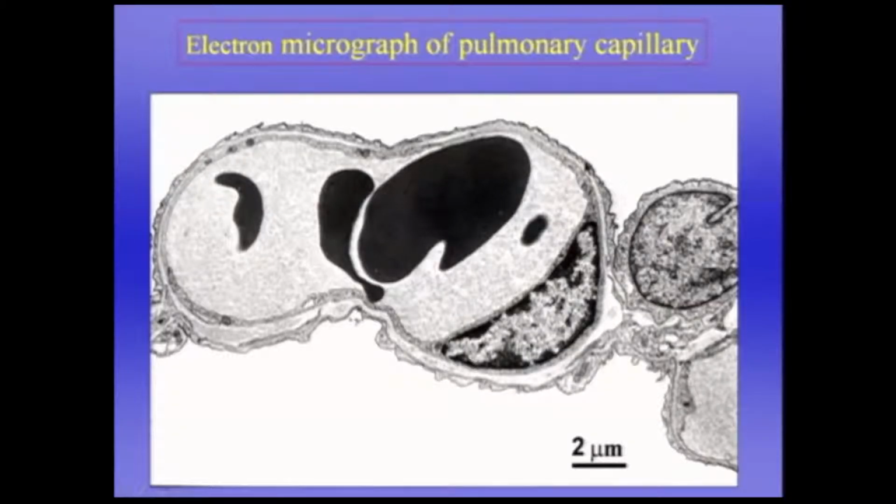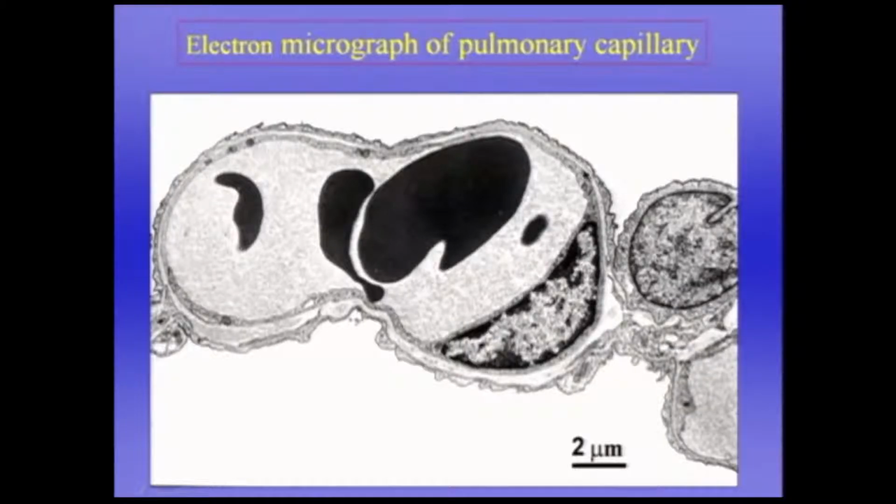The outermost layer is the alveolar epithelium, a very, very thin cell, as you can see, and here is the nucleus of this, as it's called, type 1 alveolar epithelial cell. Then the innermost layer is the capillary endothelium. We can see it here, and here is the nucleus of the capillary endothelial cell in this beautiful electron micrograph.